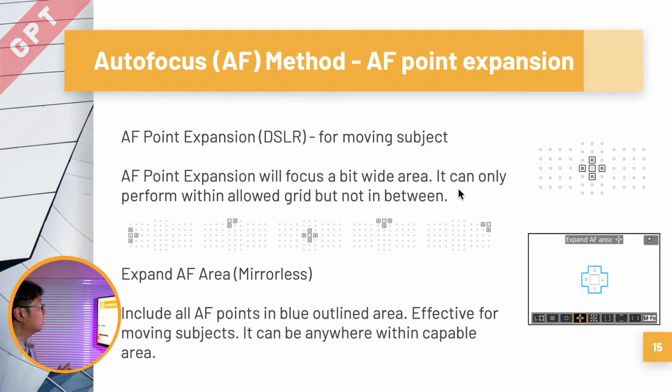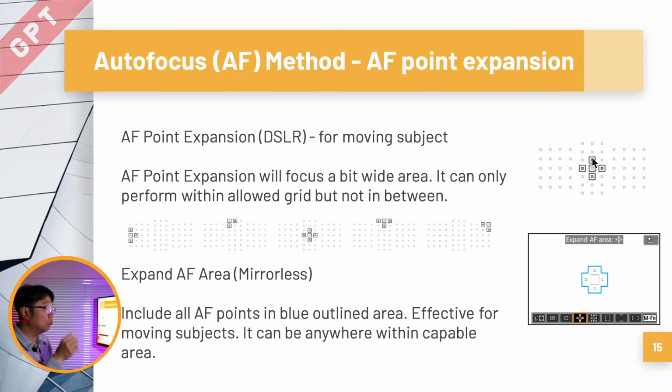The next one is called AF point expansion. What does that mean? For example, in the 5D Mark IV, you try to focus on the center part here. The camera will center its focus here, and it will also take into account this area.